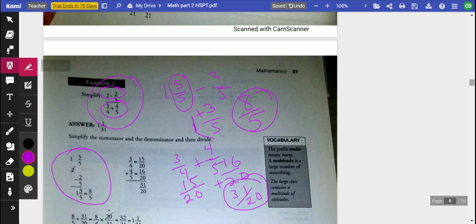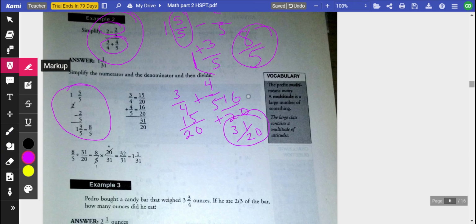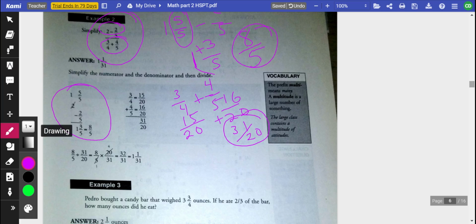Okay, then. We're not done yet. That's okay. We're going to finish up this last part. So I have 8/5 divided by 31/20. Really? So this is what our big problem is. So far we simplified the numerator, we simplified the denominator, and now we just got to do a little bit of division.